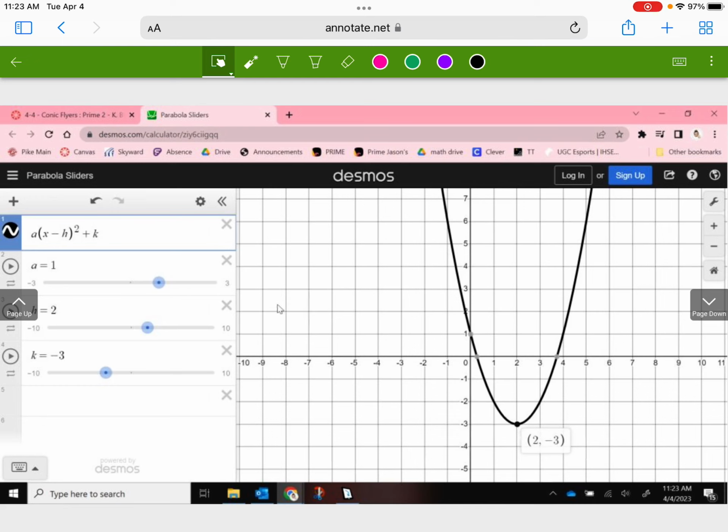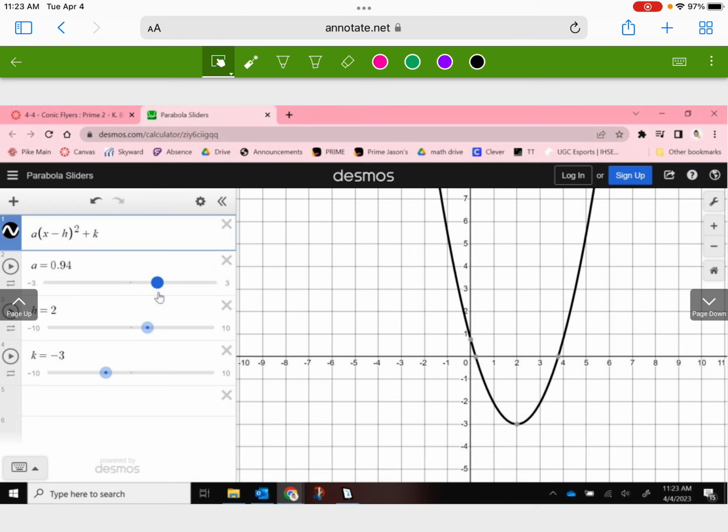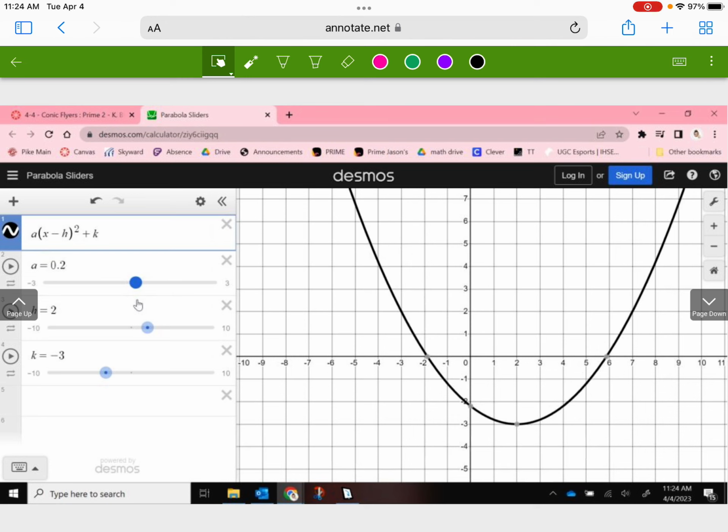What does my A do? How big it is, yeah. It talks about when we do our stretch, where it goes tall and skinny, or compress, where it goes really, really wide and fat.